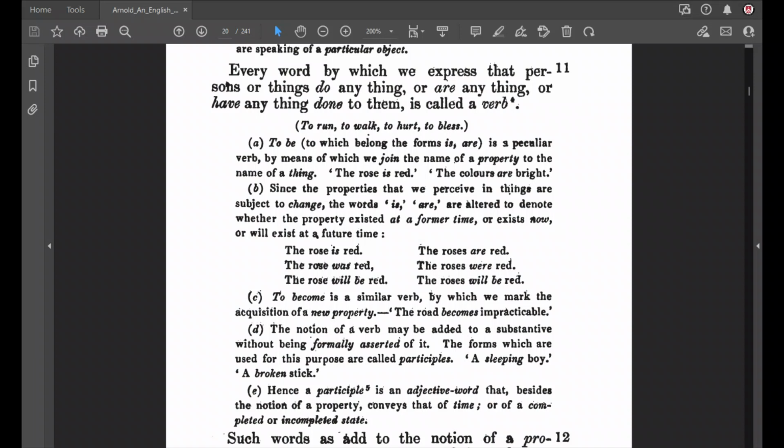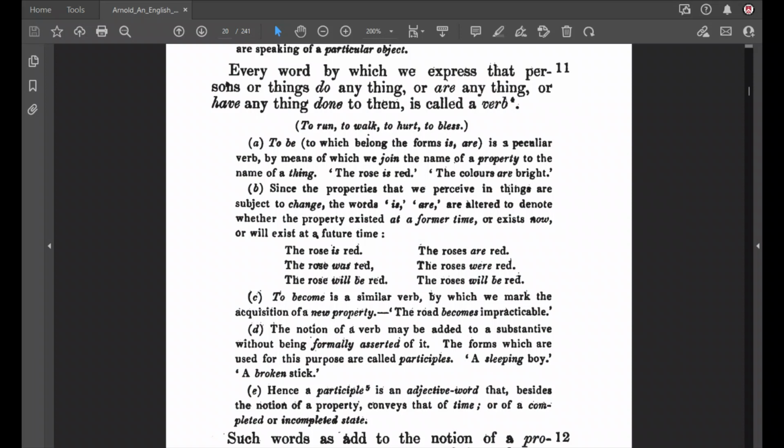In the next note, note E, we see hence, or therefore, a participle is an adjective word that besides the notion of a property, besides what an adjective noun is used to express, also conveys the notion of time, or of a completed or incompleted state.